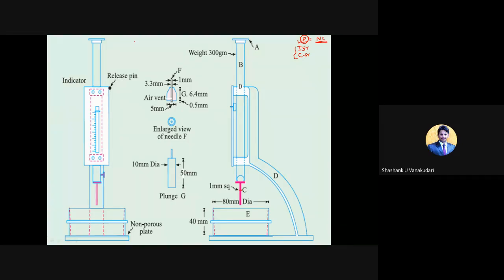Clear? So at some percentage, you will get those particular results. How much should that penetration value be? That penetration value should be within the standard limits. At last, you will get one penetration value.